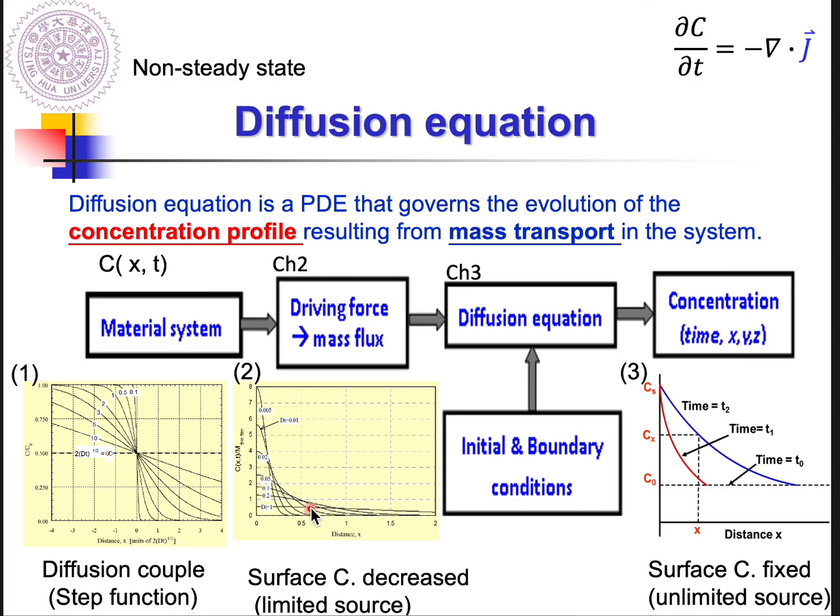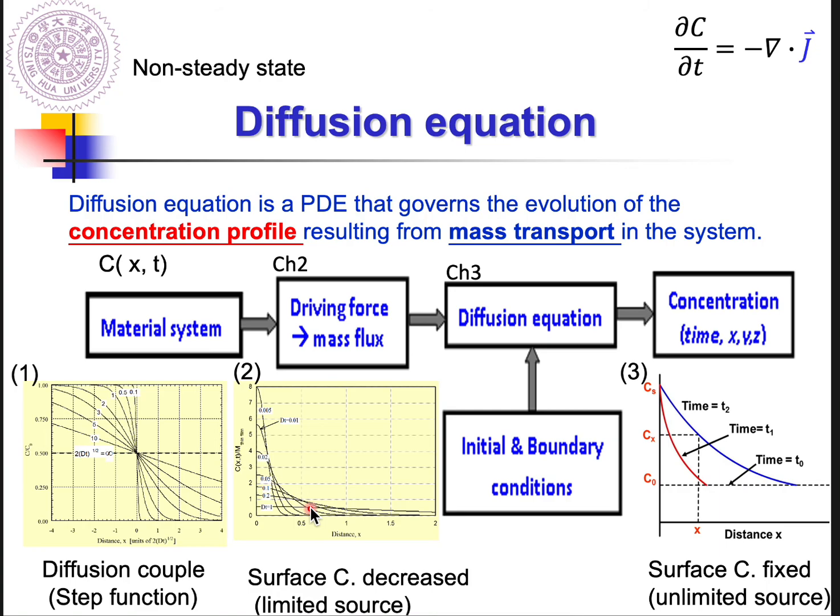That means this diffusion process is, for example, like you have a silicon substrate, and on top of the silicon substrate you deposit a very thin layer, like 1 nanometer thick, and this is limited.